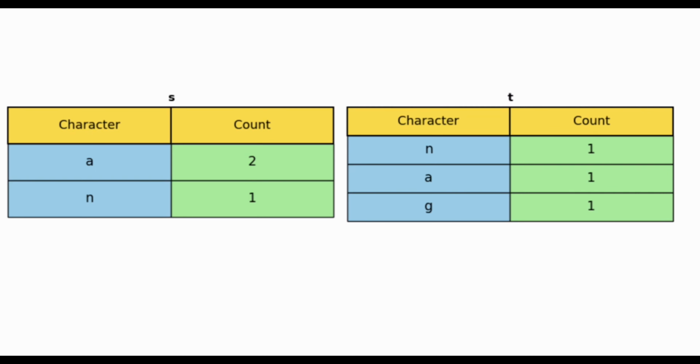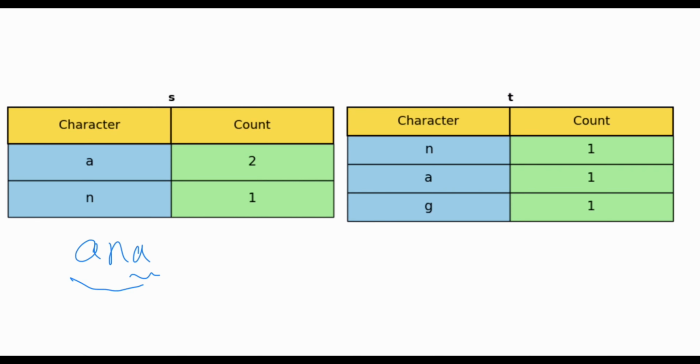And then the third character in s and t. For s we have ANA, so the third one is A. We already have the A in our dictionary, so right now the count of A is 2, and the count of N is 1.